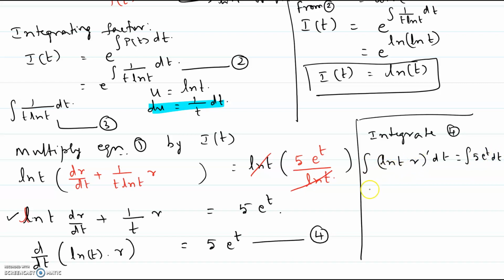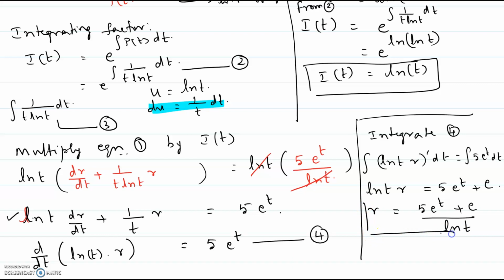Derivative and integral are inverse processes, so you just get the integrand back, which is equal to 5 e to the t plus c. If you solve for the variable r, it is 5 e to the t plus c over ln t. So r is the solution to the problem, and r is equal to 5 e to the t plus c over ln t. Hope this video helps.